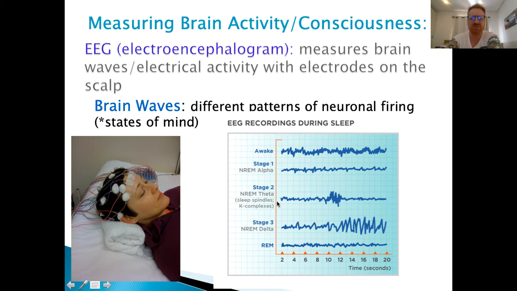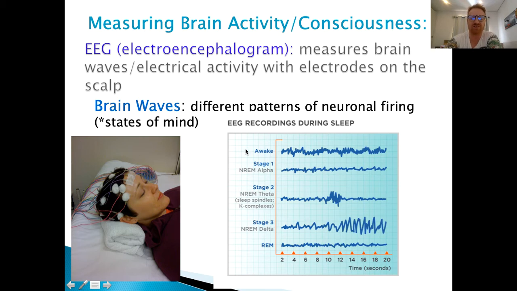Stage two of sleep is a little bit deeper, which we'll talk about. Again, we're calming down our brainwave activity, and so the brainwaves are in theta. And then stage three is almost like deep sleep, where we see more of a large brainwave activity associated with delta. And then we jump into something called REM sleep, which we'll talk about, and that type of brainwave activity almost looks like when we're awake.